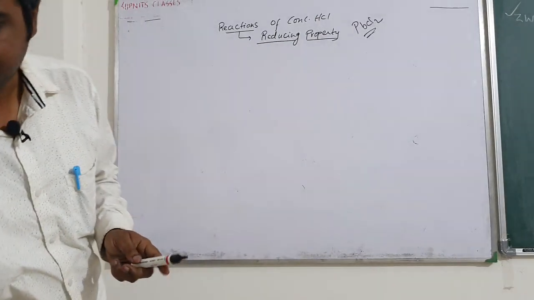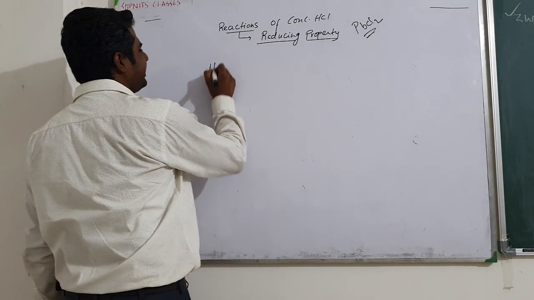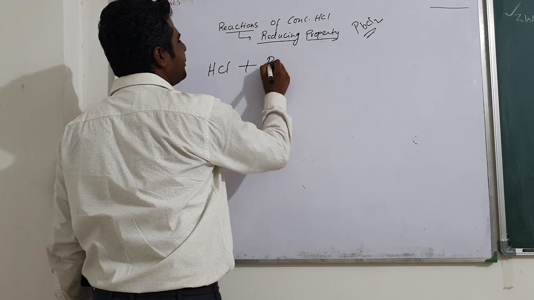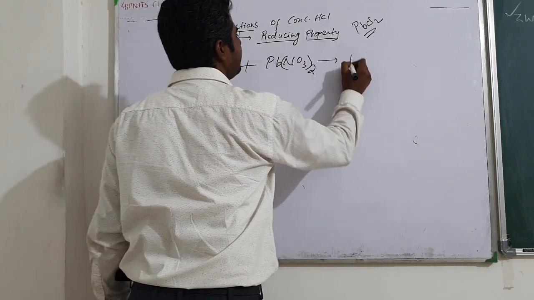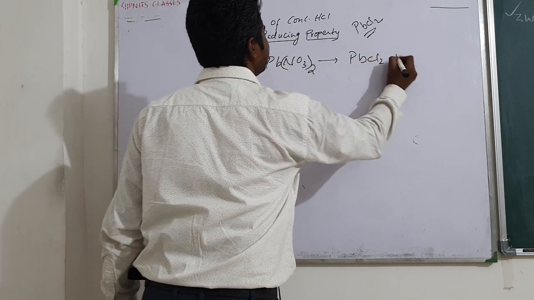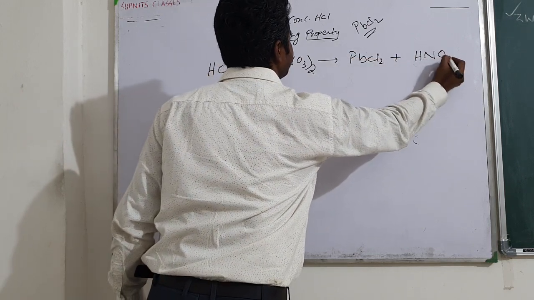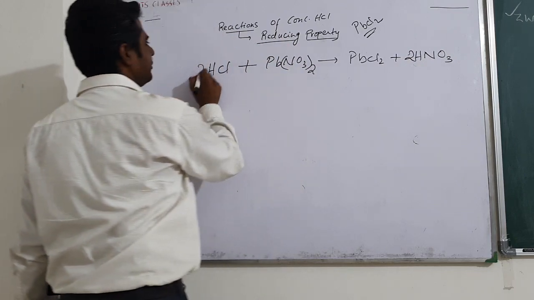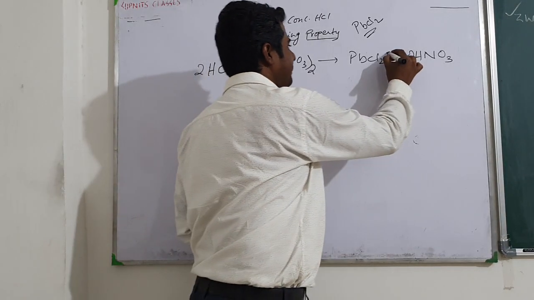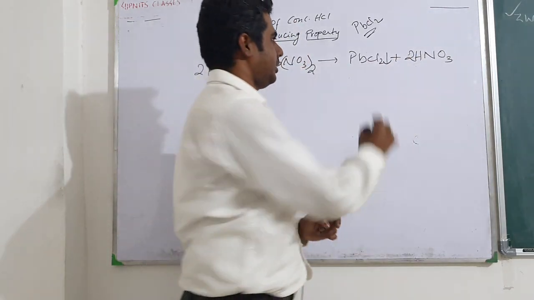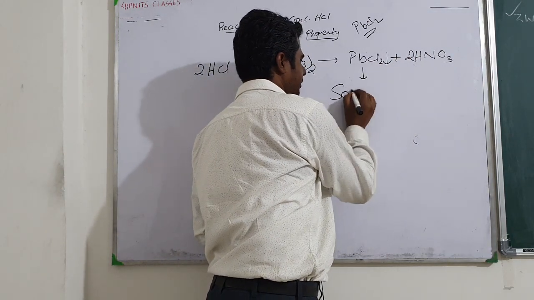Whenever there are any chlorides, let us take HCl and you put some Pb(NO3)2 in it, you will get PbCl2 plus HNO3. Now it is balanced. This PbCl2 is a white precipitate which is soluble in hot water, very important.